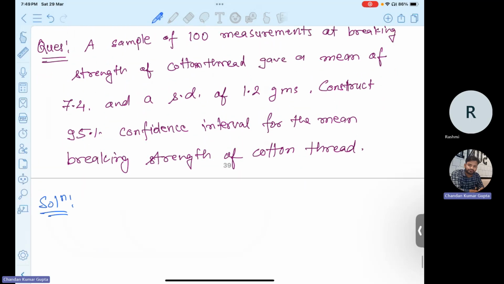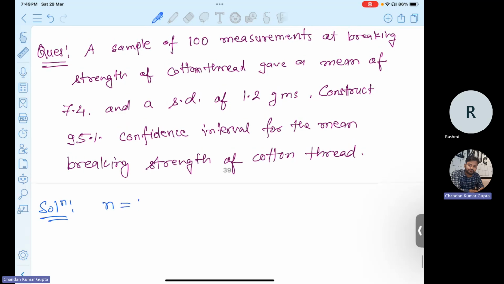If you read the question, you will find the sample size is 100, which is quite large. In statistics, 30 or more than 30 is considered a large number. In comparison to 30, 100 is quite large.